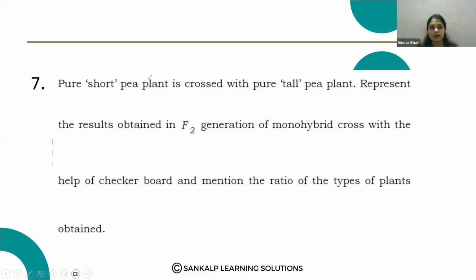Here, the short pea plant is small t, because pure is given, and pure tall is capital T, capital T. This monohybrid cross experiment we have already solved. Please try yourself.